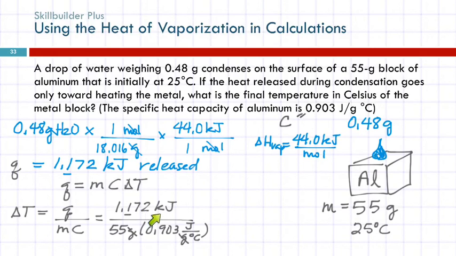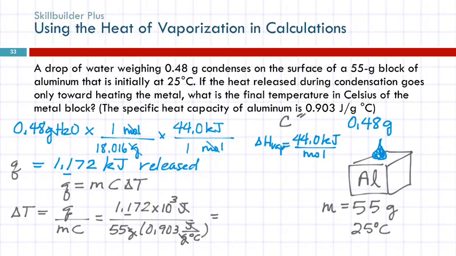We can't have this kilo in here. What if instead of writing kilo, we wrote what it meant? You can convert it separately, but instead of writing the prefix kilo, I'm going to write what it means. Kilo means 10 to the third joules. Now I've got joules that cancel joules, and I'm left with temperature, degrees.